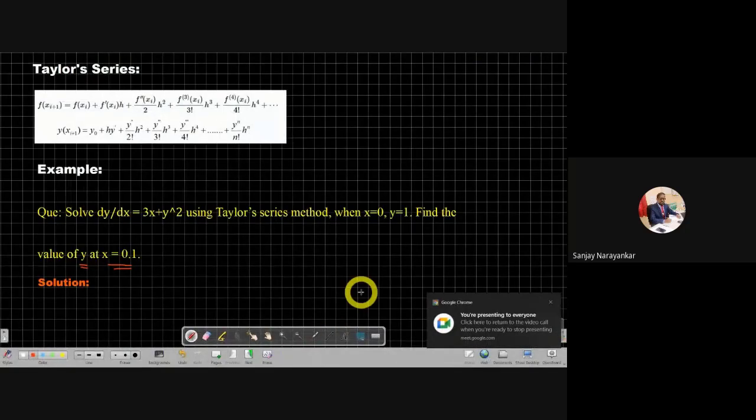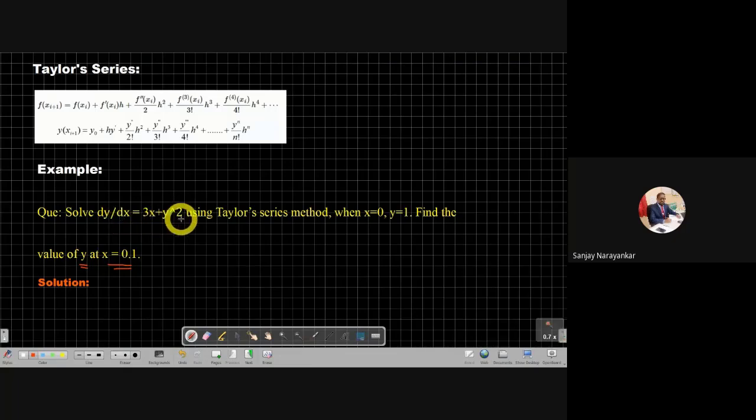I was talking about we have to find the solution of dy by dx equals 3x plus y square using the Taylor series method. When x is equal to 0, y is given 1. Find the value of y at x is equal to 0.1.